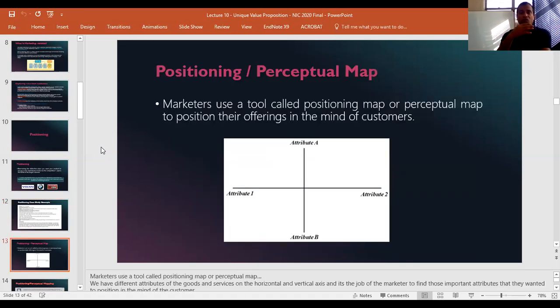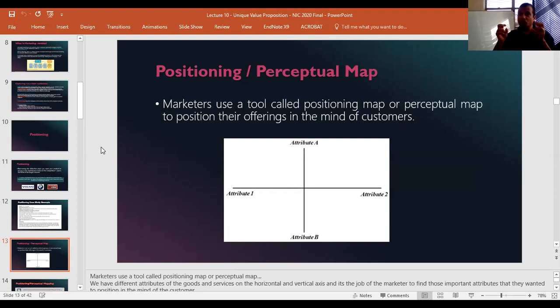Okay, so marketeers use a tool called the positioning map, or the perceptual map, for their products and services. Marketeers use this map to position their offerings, maybe goods and services and others, in the mind of the customer. So what do marketeers do here?